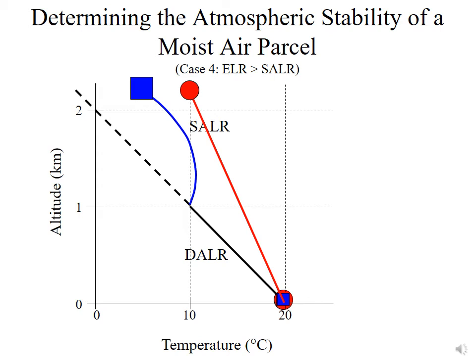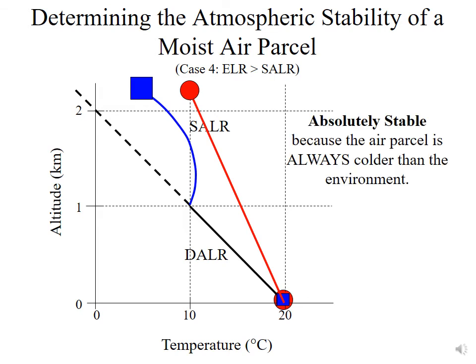Everywhere, this air parcel is colder than the environment. And therefore, if you let go at any one of these points, it's going to be more dense than the environment, and it's going to sink all the way back down to the surface. So this is an example of an atmosphere that is absolutely stable, because the air parcel is always going to be colder than the environment.